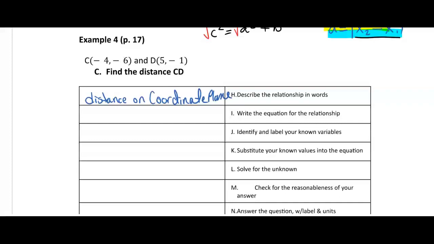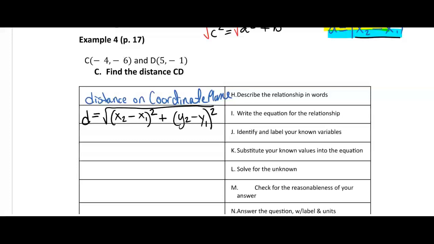Okay, and then the equation for that is going to be our distance D equals the square root of our second x-coordinate minus our first x-coordinate squared plus, remember that's a squared plus b squared, our second y-coordinate minus our first y-coordinate squared, because it's b squared.